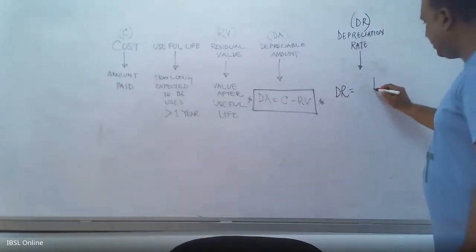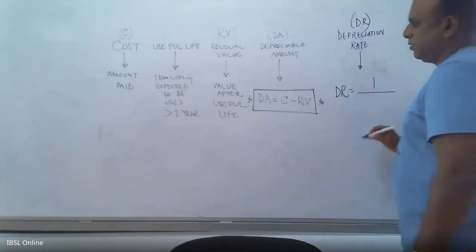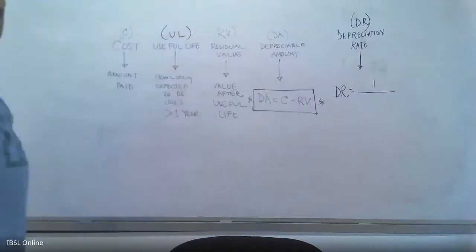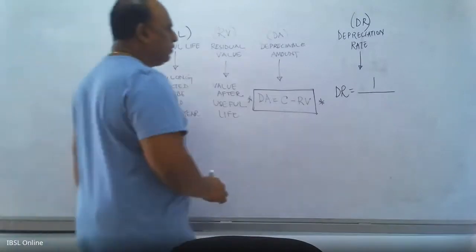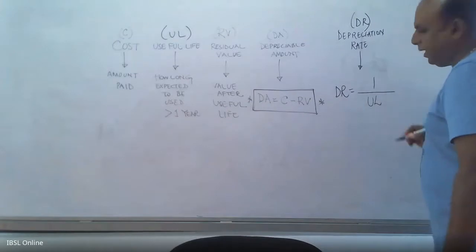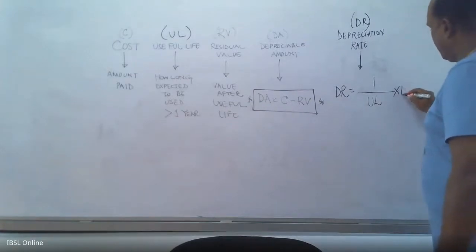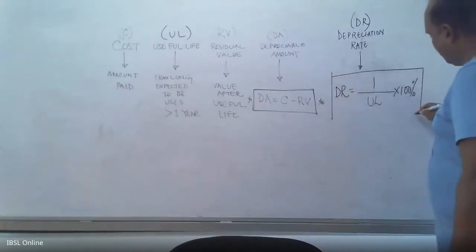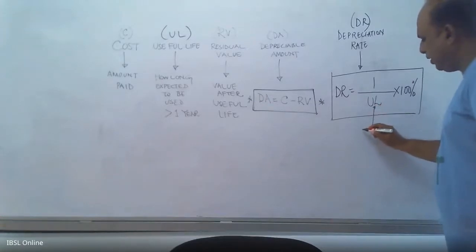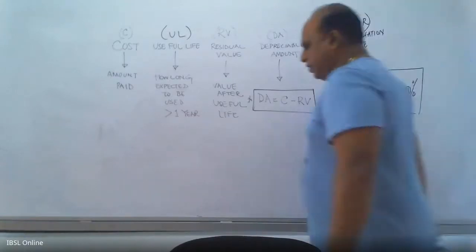We say 1 upon useful life. So 1 upon UL, and this has to be number of years.